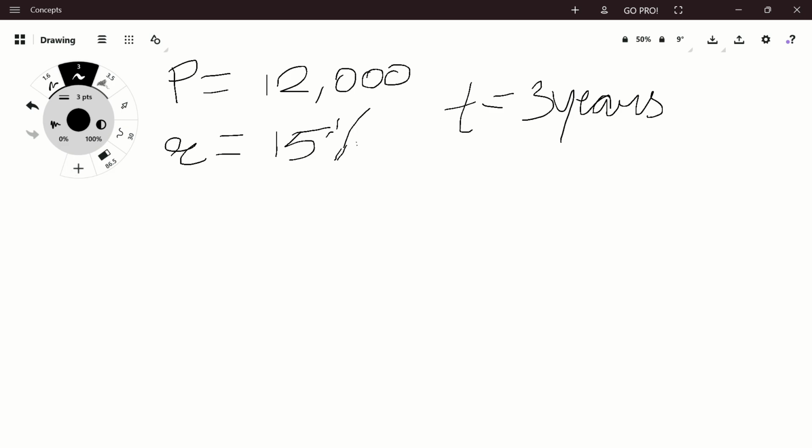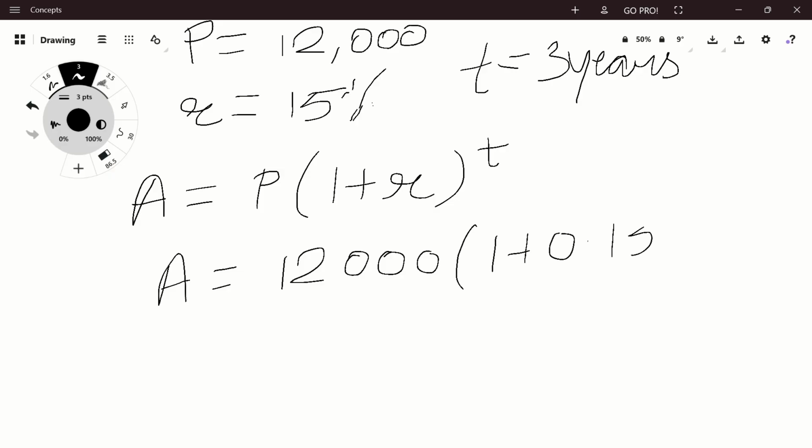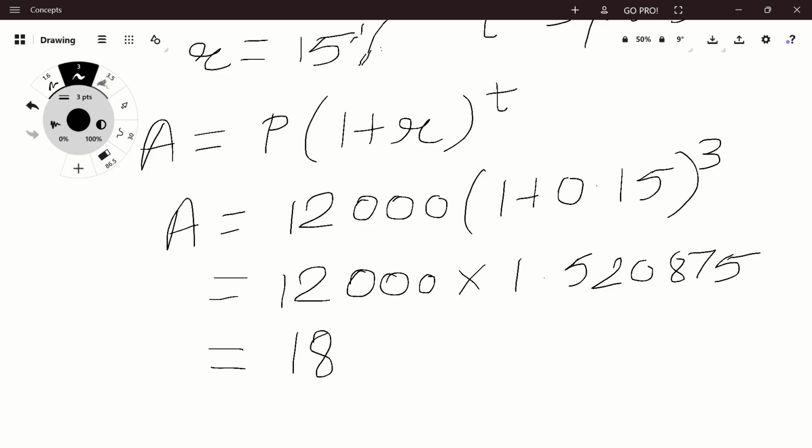Interest is compounded annually. The formula for the total amount A after T years with compound interest is A is equal to P into (1 plus R) to the power T. So A is equal to 12,000 into (1 plus 0.15) to the power 3, which will be equal to 12,000 into 1.520875, which will be equal to 18,250.5.